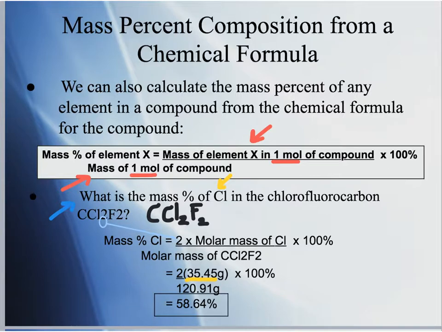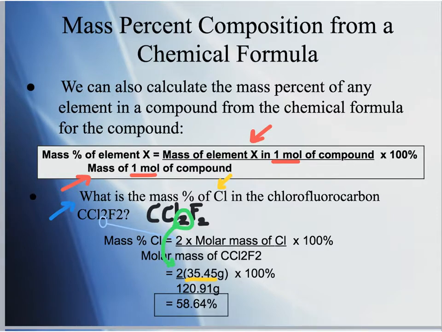And from the compound itself, we can see that there's 2 atoms of chlorine, so that's why we've got a 2 in front here. So we have 2 times the molar mass of chlorine, which is 35.45. All right, that's going to be the top here with our mass of element X in 1 mole of compound.